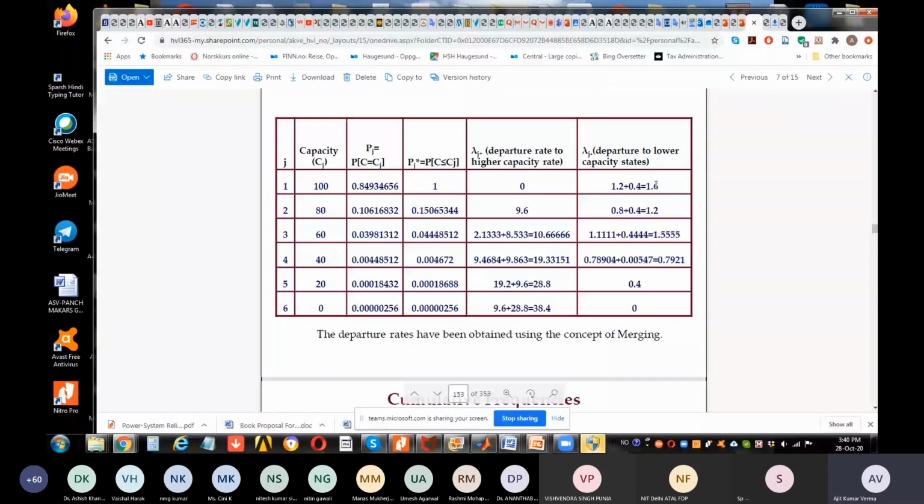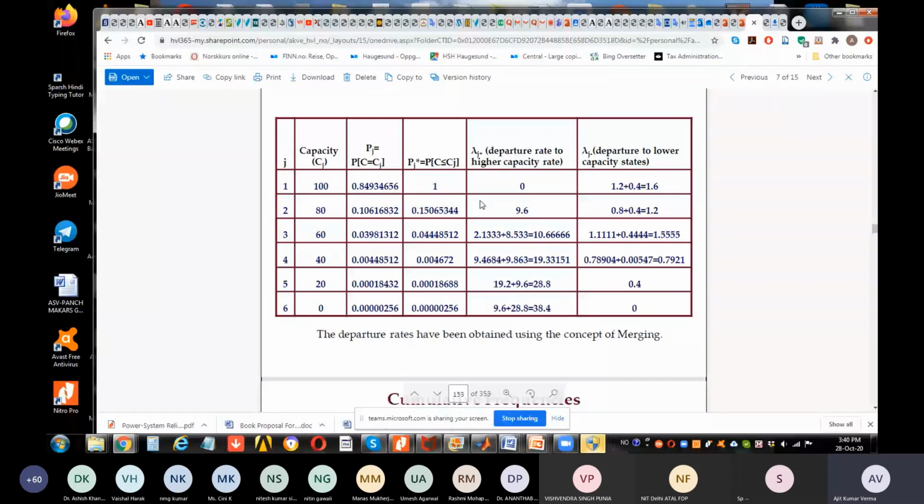Likewise, from 80, where can you depart to a higher state? It's just 100. So that means if there is some repair, then you move to 100. There is no other state to which you can go to a higher state. So that's the repair rate, which we had also found out using those analysis and calculation, which we have seen earlier. So this is departure to higher state from 80 to 100.